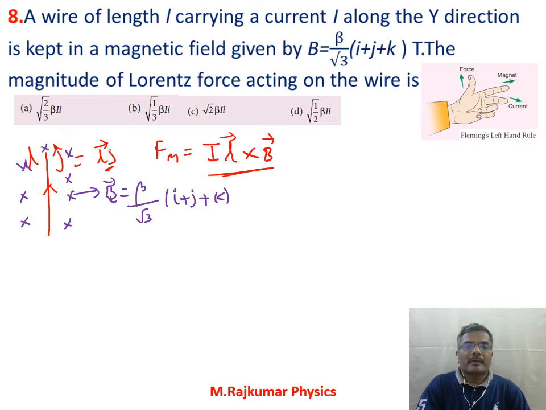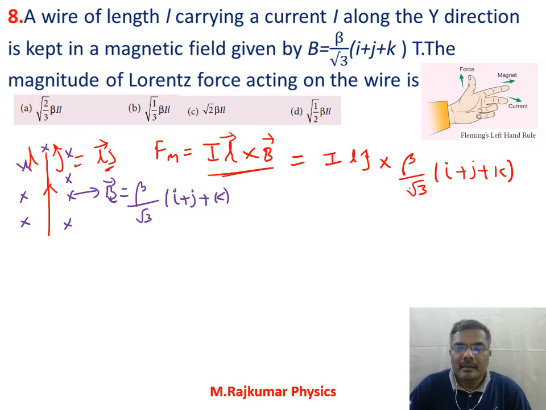So we can write it as I L, which I can write as L into j cap, cross product with B vector. B vector is given as beta by root 3 into i plus j plus k. These are two vectors, so I have to take the cross product between them.